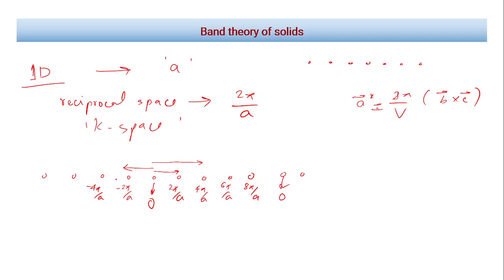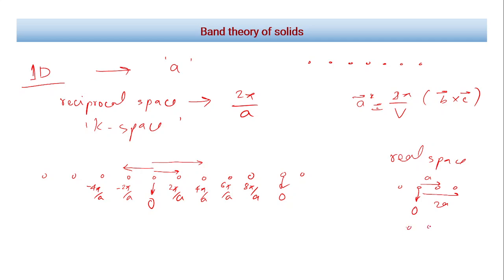But we know there is symmetry in real space and reciprocal space, so any point can be taken as the origin, and from this we can get the corresponding neighboring reciprocal vectors. Because in real space also we used to do the same thing, right? If it was 1D, and I'm considering this origin, then this is A, and this is 2A.